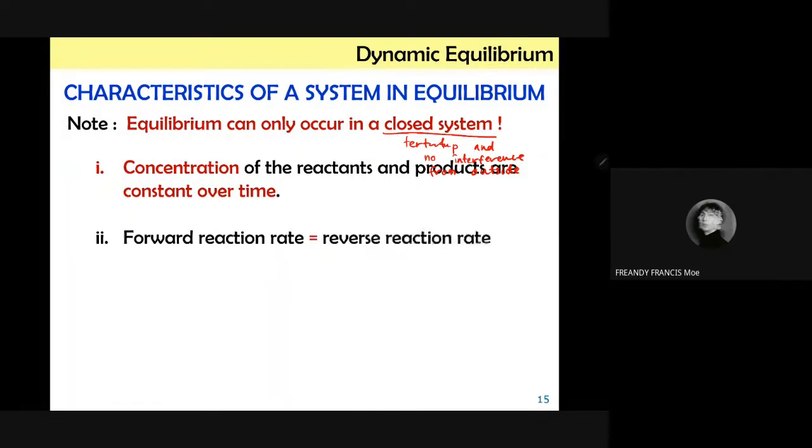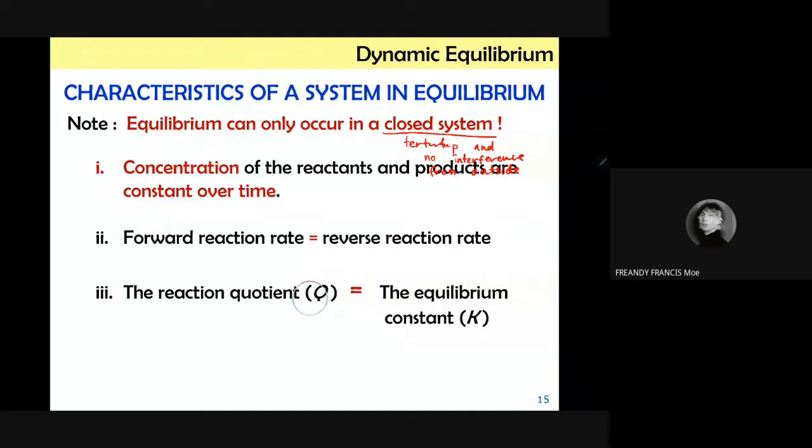And then the rate of forward reaction equals to rate of reverse reaction. And the reaction quotient, which we will look into later, okay, is equals to the equilibrium constant, K. So bermaksud Q equals to K. This we will look into later on, what this means. Okay, so these are the three characteristics of system in equilibrium that you need to remember.